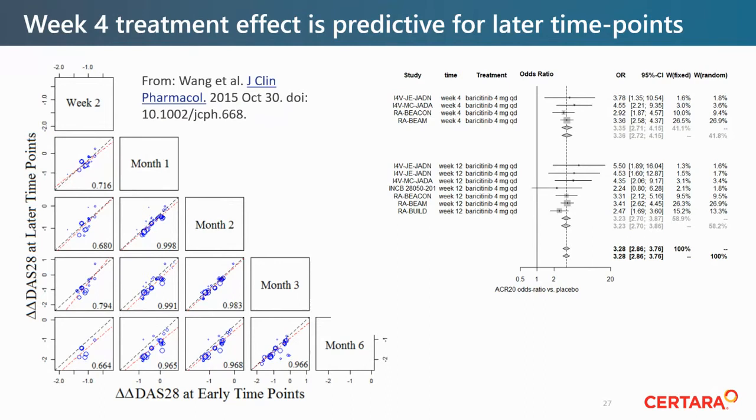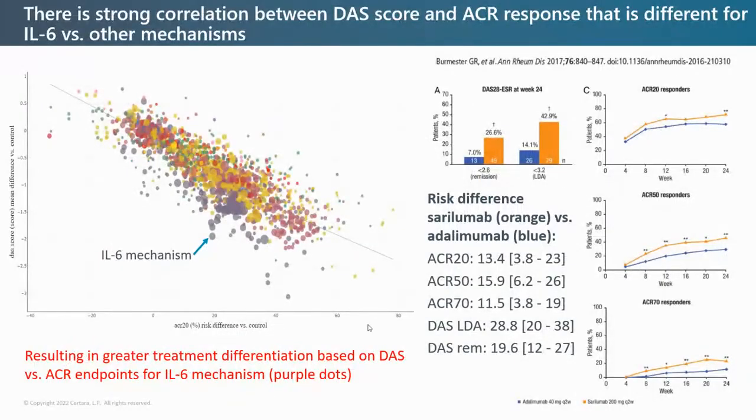The next slide shows one more point I really would like to highlight, and that's that of the endpoint. Obviously, not every endpoint is the same, and in rheumatoid arthritis, we have two that are used for registration. There's the ACR response that we've shown a lot of already in earlier slides, which is actually a US registration endpoint, or we have a DAS response, which is used more in Europe.